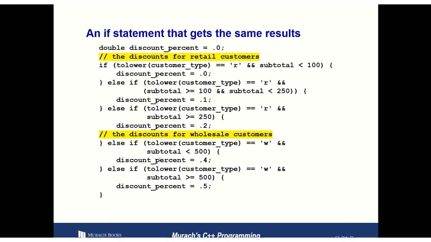So that's what we did there. You could make it compound. Rather than using the nested if statement, you could make the compound if statement as here. So instead of using if customer type equals R, and then you do all this logic, you can do customer type is R and subtotal so and so, customer type is W and total is so and so.